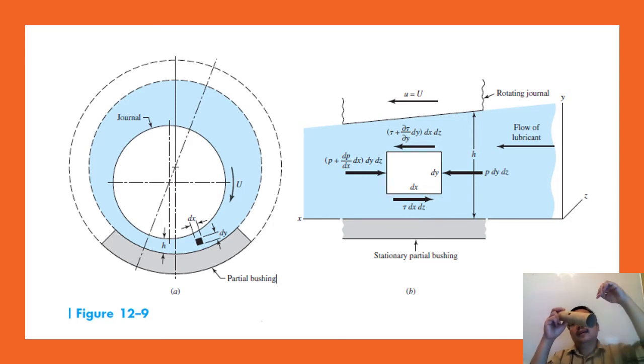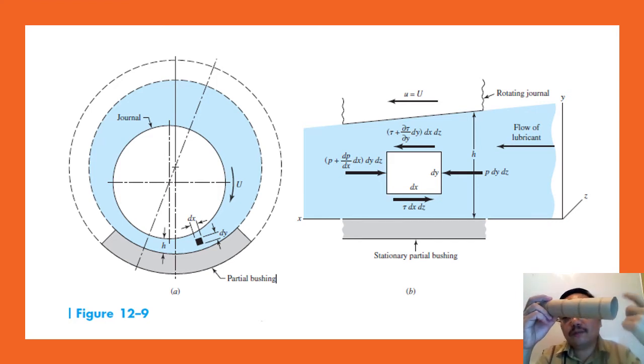Okay, when the flow comes here, when you put the lubricant inside the journal, while it is going to become full, it is partially full. And when it is partially full, we will do this equation.